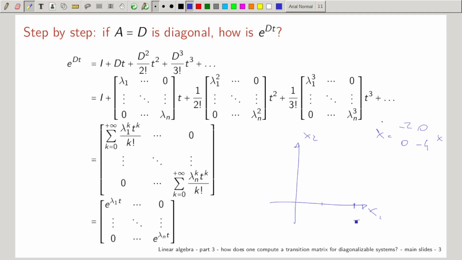We start at 5, 3, okay? We start here, and you tell me whether the trajectory will pass through the point 2, 1.